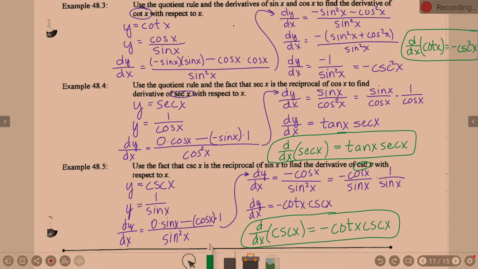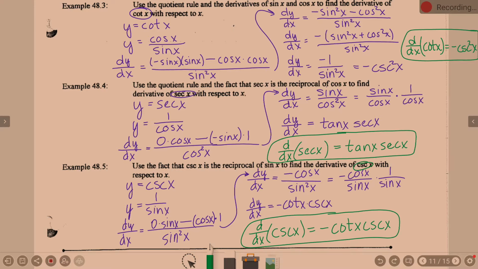I mean, the derivative of tangent up top was secant squared. The derivative of secant is tangent secant, or secant tangent, okay? The derivative of cotangent was negative cosecant squared. The derivative of cosecant is negative cotangent cosecant.